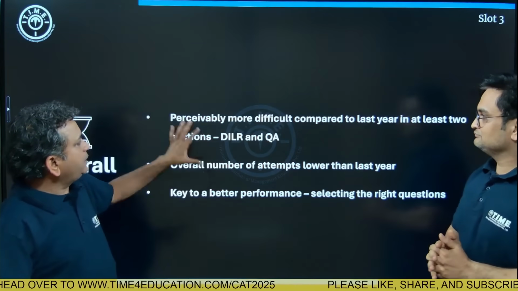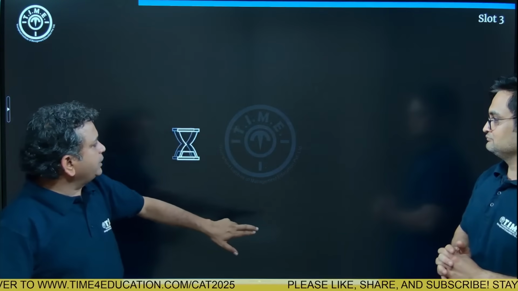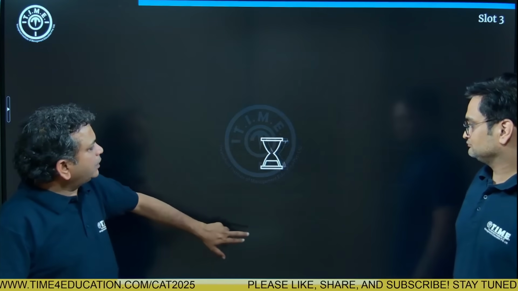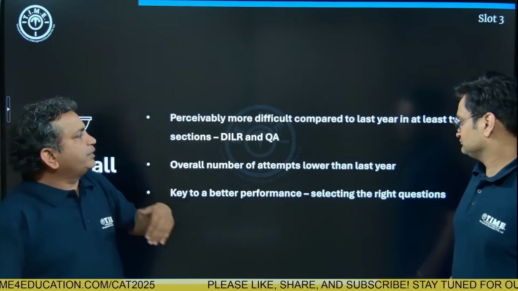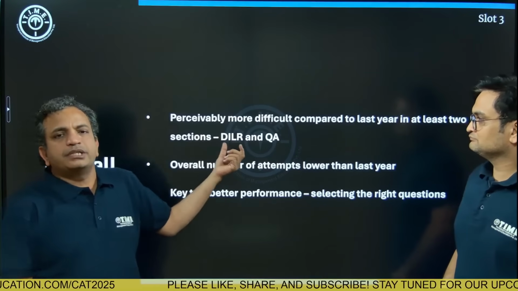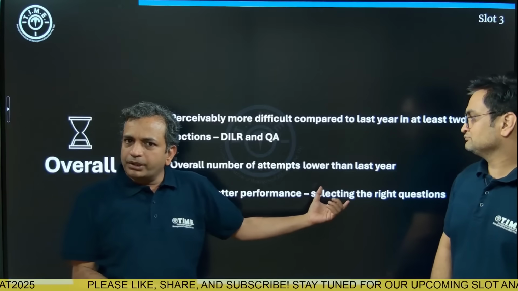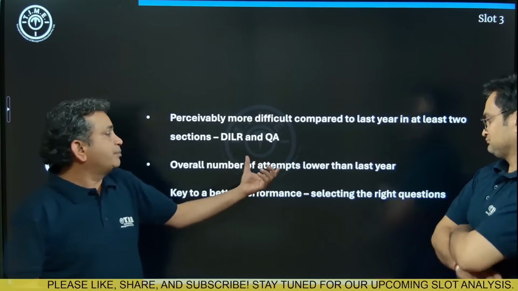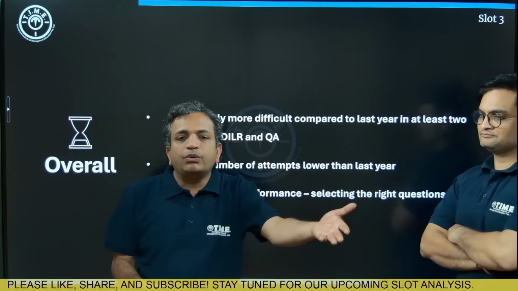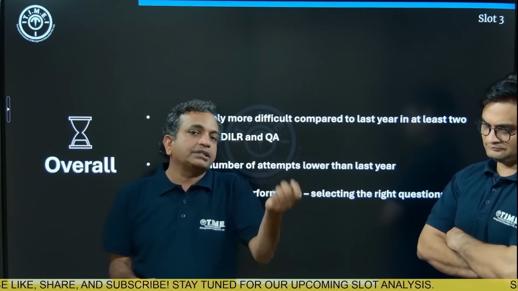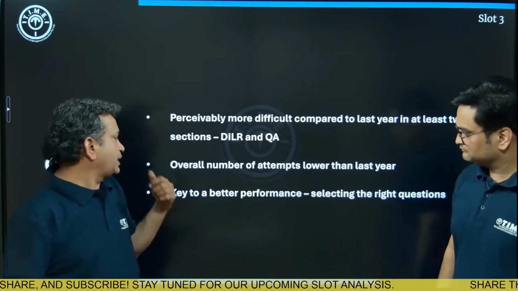Let's now quickly get an overall summary here. More difficult compared to last year in at least 2 sections, DILR and quant. Overall number of attempts is definitely going to be lower than last year. Required number of attempts that you need to have to reach a certain percentile is definitely going to be lower than last year.